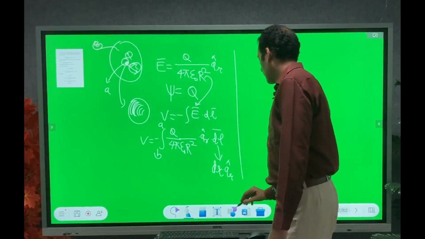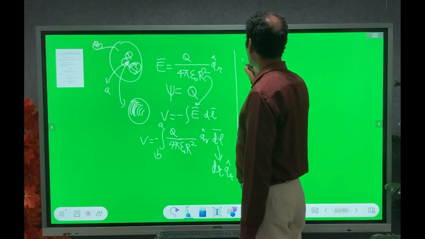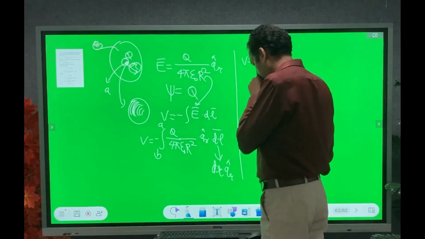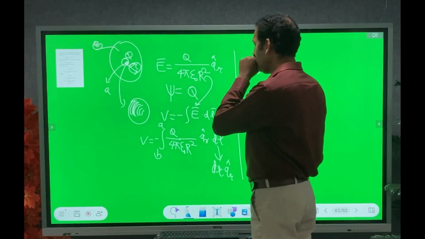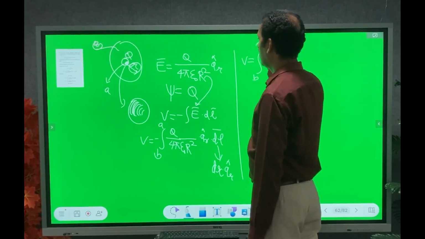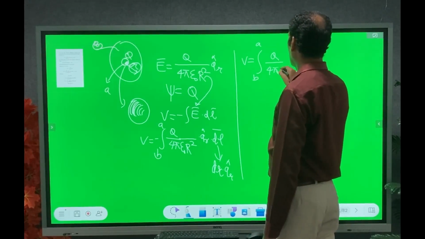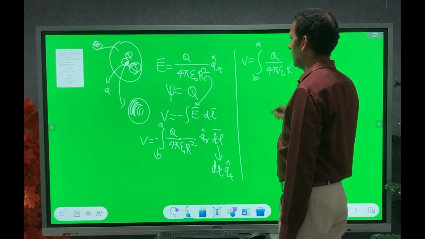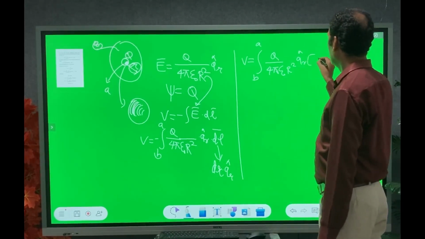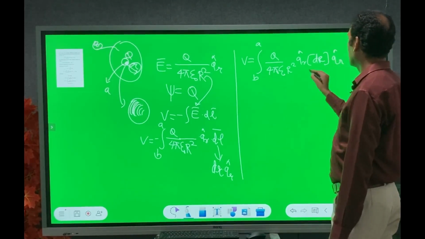So let us further keep these values. Once we keep the values, we will get V is equal to the integral from b to a of q by 4 pi epsilon naught r square ar cap into dr ar cap.